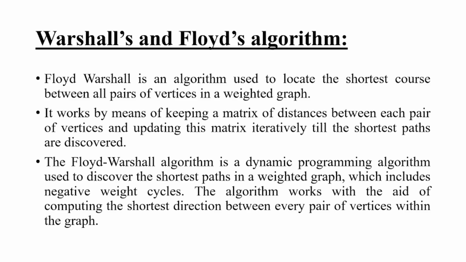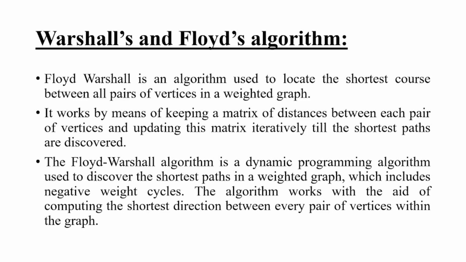Both of these algorithms are used to locate the shortest paths between all pairs of vertices in a weighted graph. It works only on a weighted graph. It works by keeping a matrix of distances between each pair and updating this matrix iteratively until the shortest path is discovered.